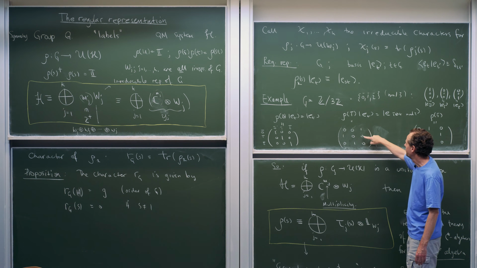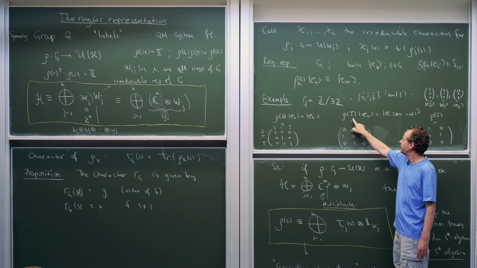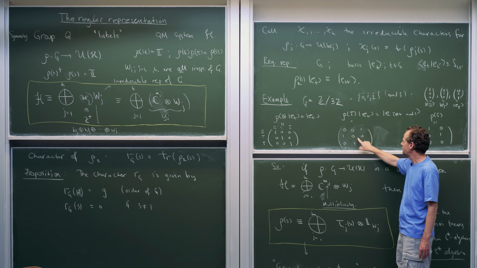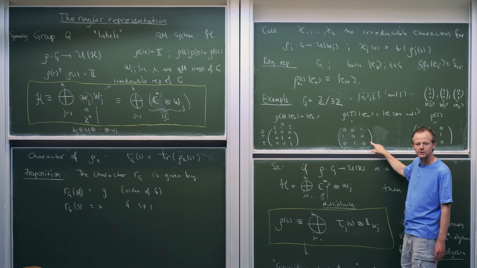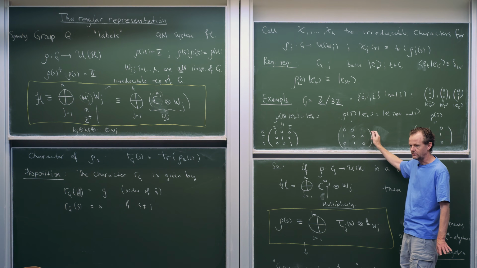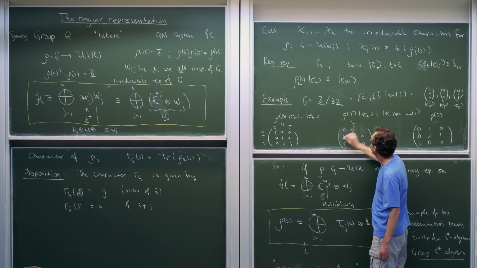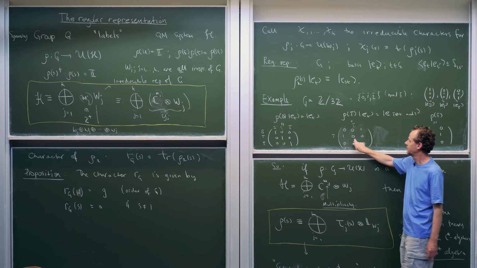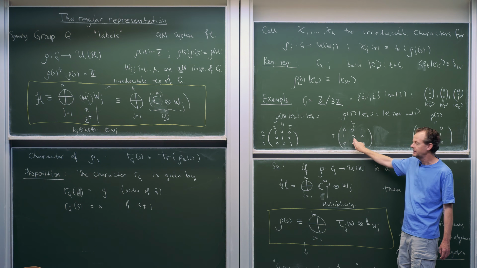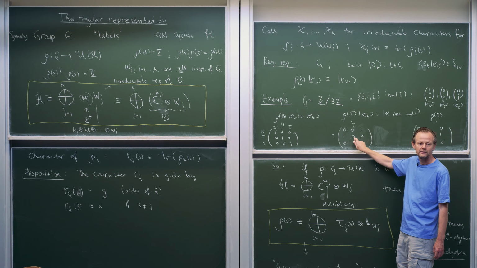Now what about the other elements? Can there ever be an entry on the diagonal that's not 0? That's the only thing you have to prove to yourself. So you look along all the rows and columns, and you ask yourself the question, can an entry be non-zero on the diagonal?